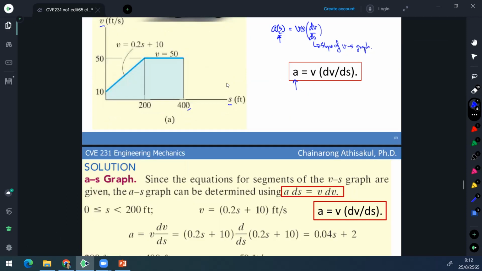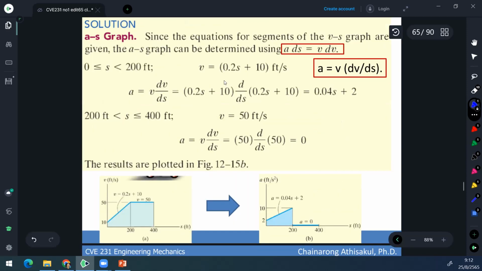So from this, we have two intervals of the position. That is the position measured from 0 to 200 foot. The motion is defined by this function, that is the velocity v equals 0.2 s plus 10 foot per second.